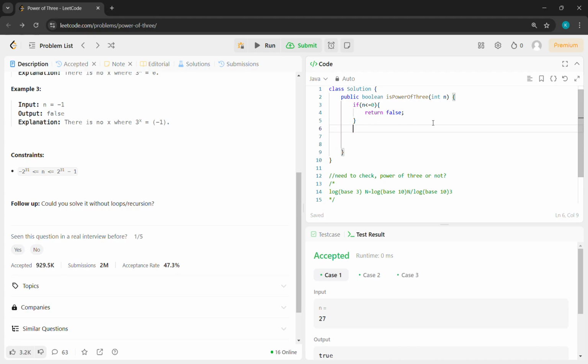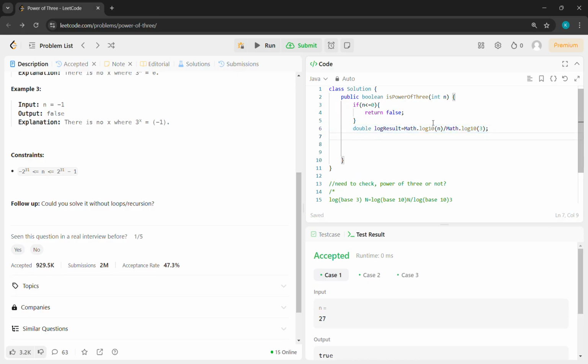Let's name it log result. Fine. With the data type as double. We would be doing math dot log base 10 as per the formula, n, this is supposed to be inside, whole divided by math dot log base 10 of 3. If this is done, we are good to go.